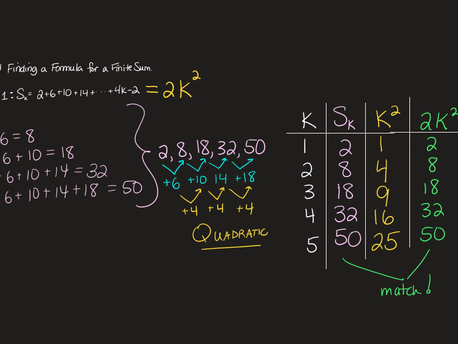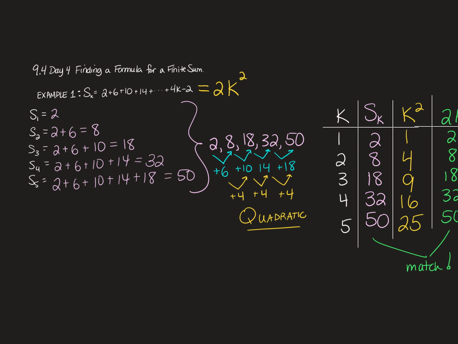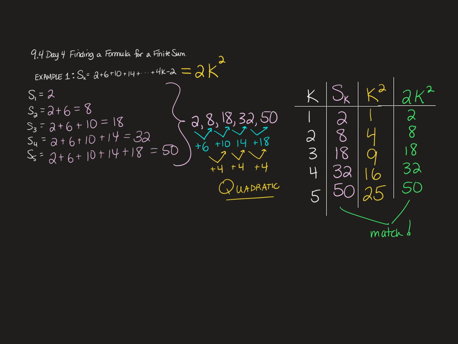So we took an approach on this where we listed out the first number of terms that we decided was going to be enough. So I listed out the first 5 sums, looked at what the pattern was, and decided it was quadratic. With that information, I made some adjustments until I got it to match.